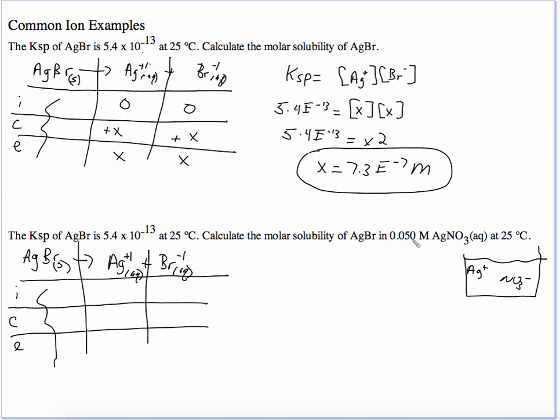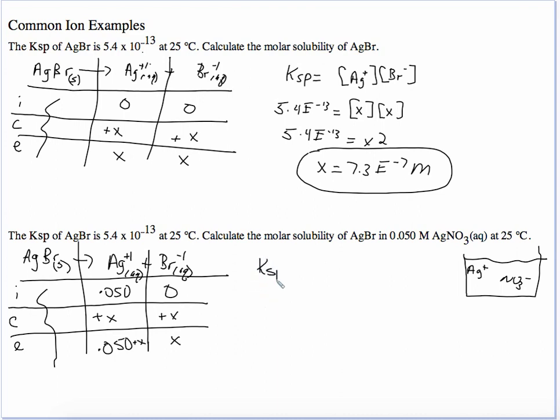So you're already starting off with 0.050 molar silver from the silver nitrate. There's no bromide in here, so that is 0. This is going to go up by X, and this is going to go up by X. So at equilibrium, we have 0.050 plus X, and here we just have X.